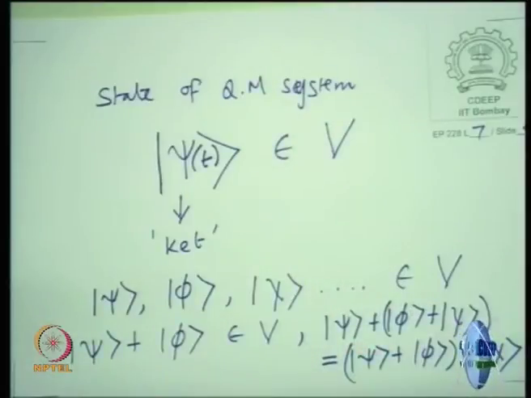X as a function of t you will not be able to get unless you give a set of equations. Similarly, I need to give an empirical equation to find the time evolution of the state.